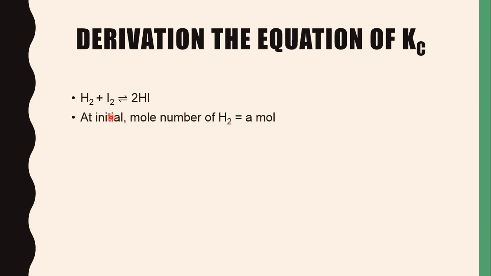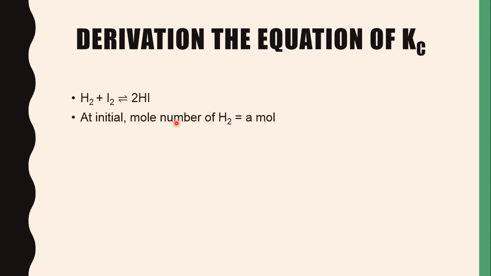Look, to find out the molar concentration, at first you have to find out the mole number of the reactants and products. Now, when the reaction has not started, at the initial stage of the reaction, the mole number of product will be 0 because at the initial no product is produced.